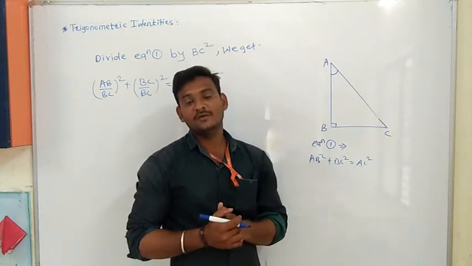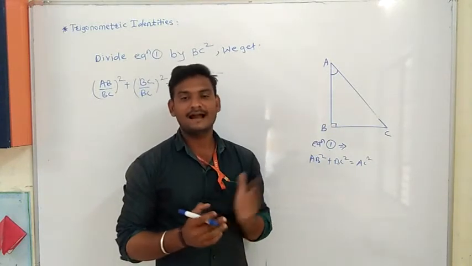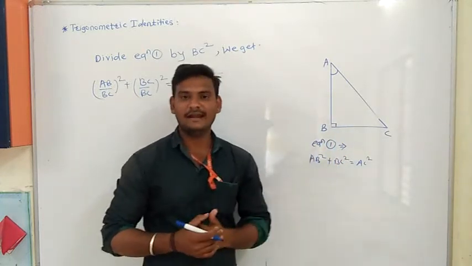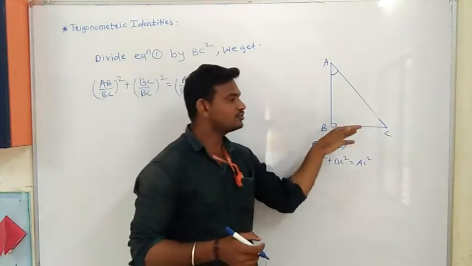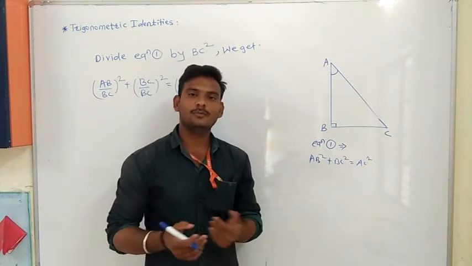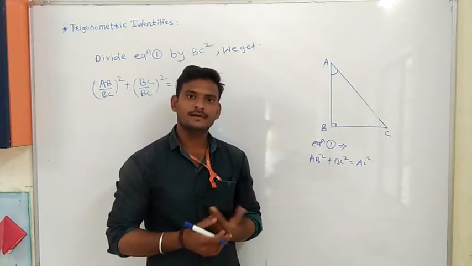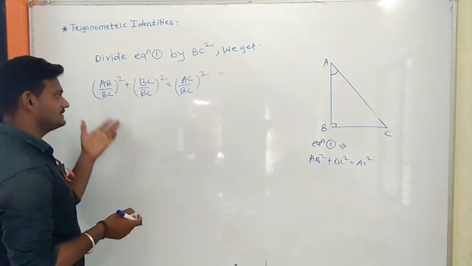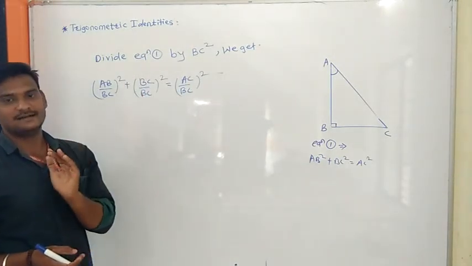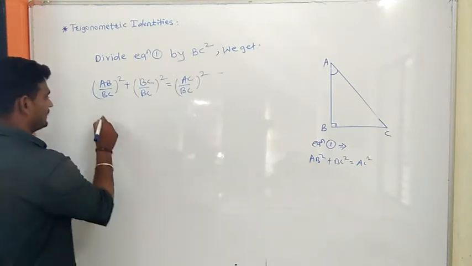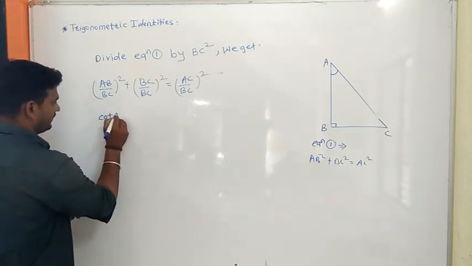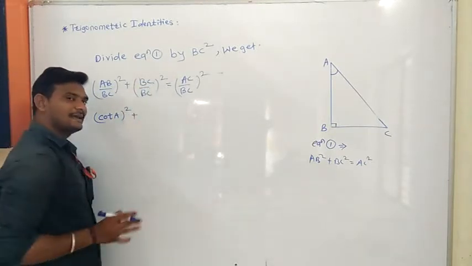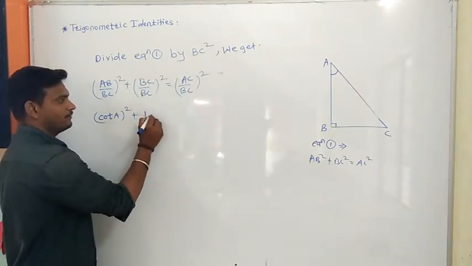Adjacent upon opposite, which ratio is it? Opposite upon adjacent is the tan ratio, so adjacent upon opposite is the cot ratio, the reciprocal of tan. Therefore (cot A)² plus, BC gets cancelled, then 1 square is 1 only.